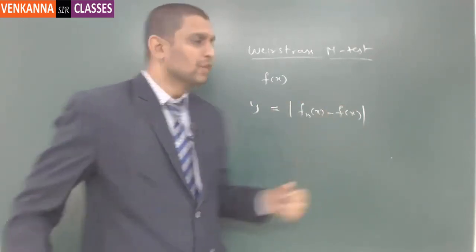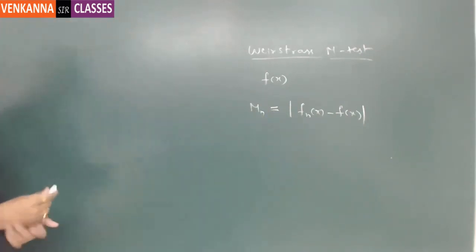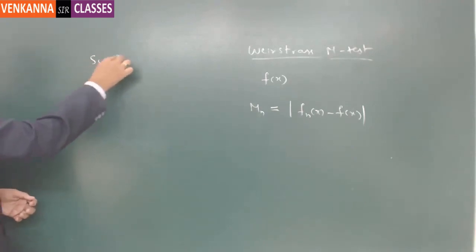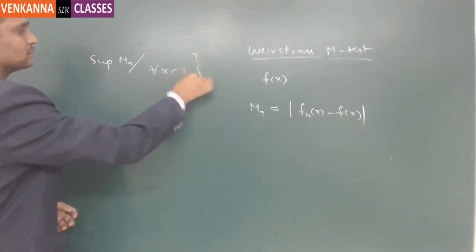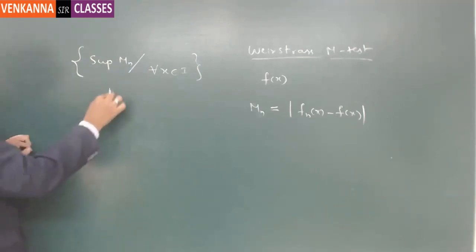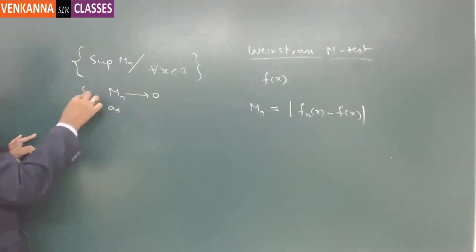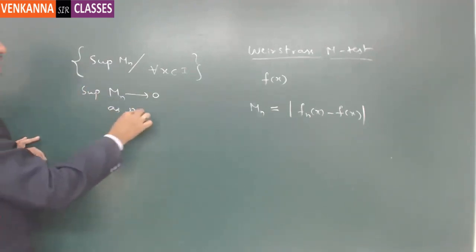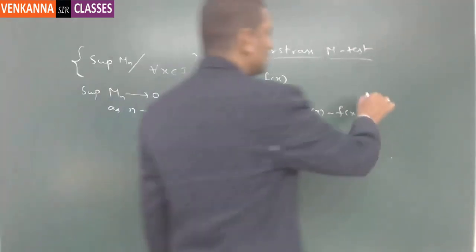So if you use the symbol Mn for it, you calculate the supremum of Mn for all x in the interval. If the supremum of Mn tends to 0 as n tends to infinity, then by Weierstrass M test, the function you have taken is uniformly convergent.